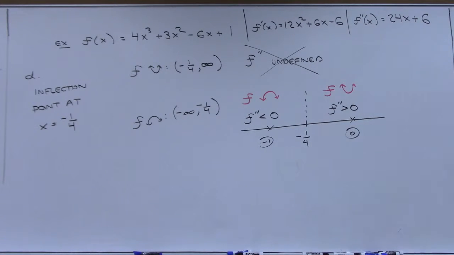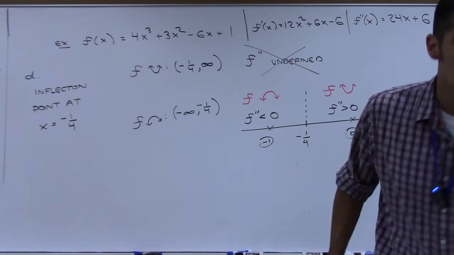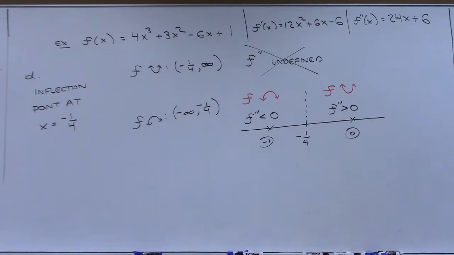All right. Where did we say we are increasing? Oh, wait, hold on. Don't tell me anything yet. Let me put a grid in here so we can actually see where these things are.